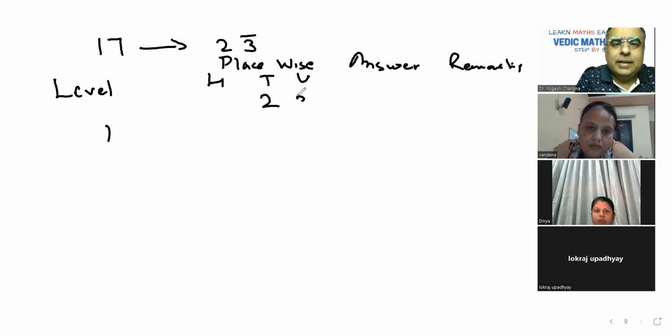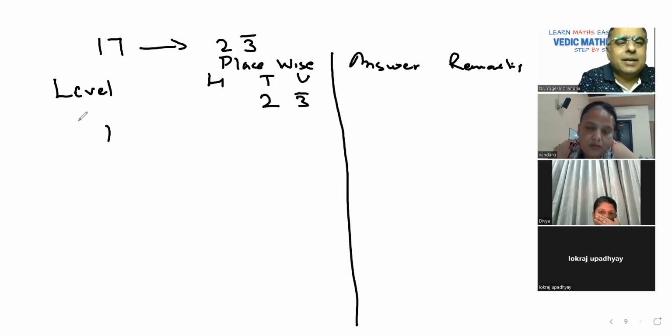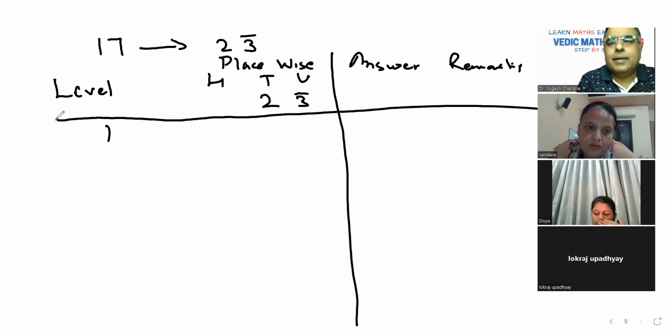So 2 3 bar, and here it would be the answer. Now see, I can write 17 directly because it is a table of 17 and the answer is also 17. Now what you have to do is, how do we write the table? If you remember, we add 17 to it.